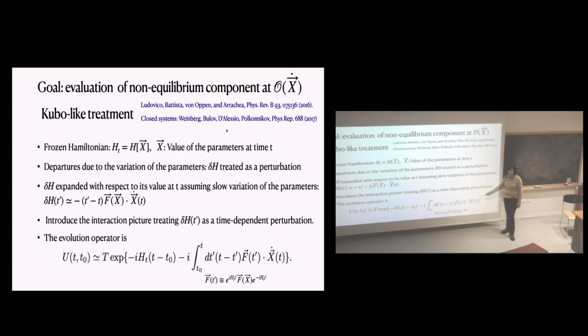The operators that appear in Kubo are expressed in the Heisenberg representation with respect to H0. In our case, our H0 is the frozen Hamiltonian. So all these operators, in particular this operator, are evaluated in the Heisenberg representation with respect to the frozen Hamiltonian. Okay?